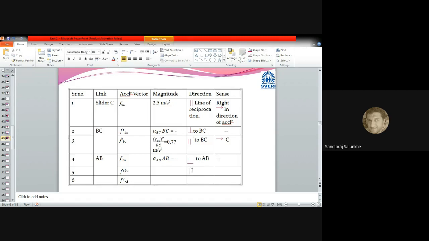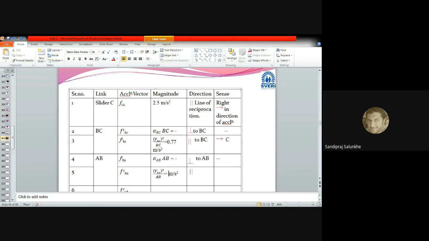And next will be the centripetal component of B with respect to A. It is given by velocity of B with respect to A bracket square divided by length AB. So the AB length is 3 meter and velocity of B with respect to A is 0.72 meter per second.